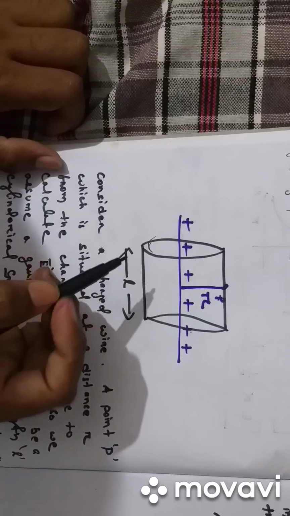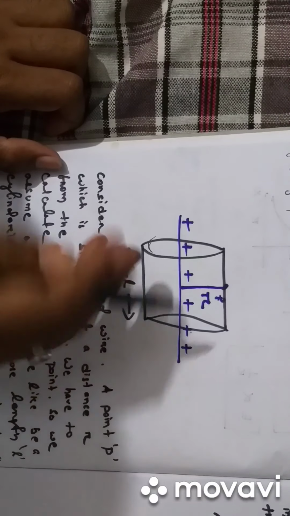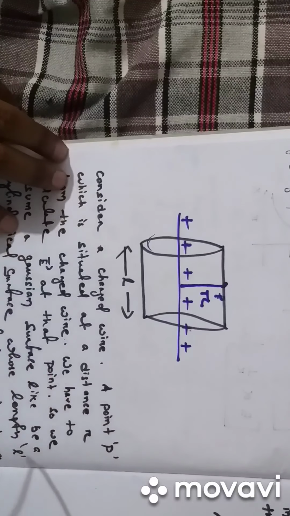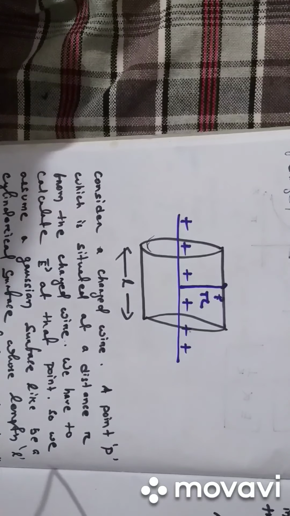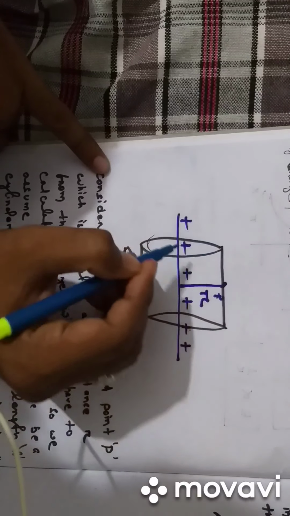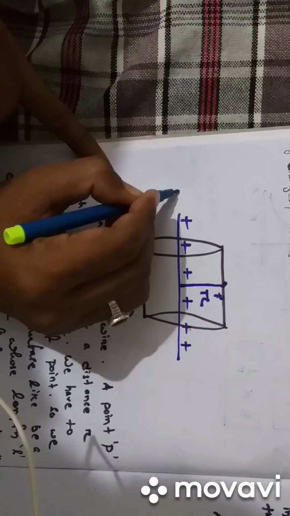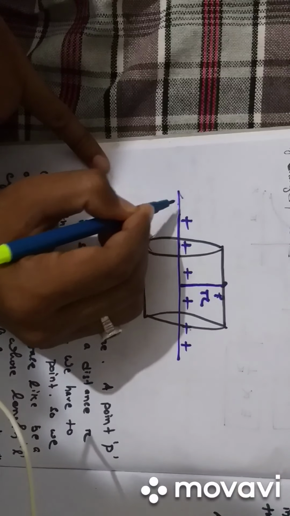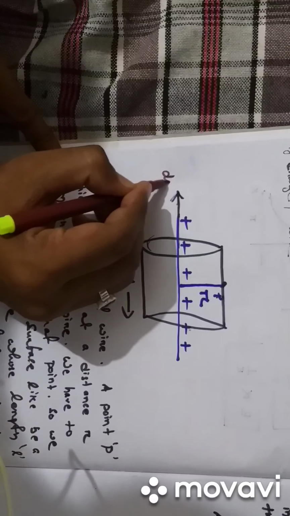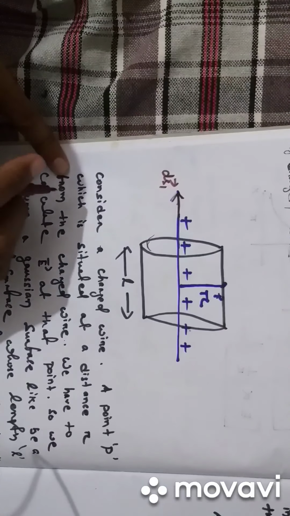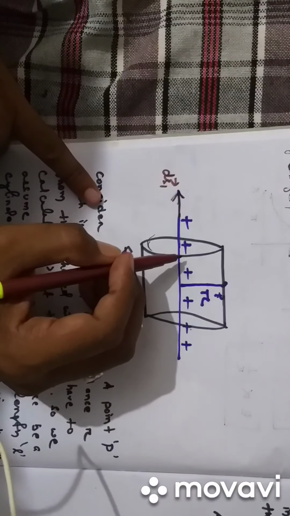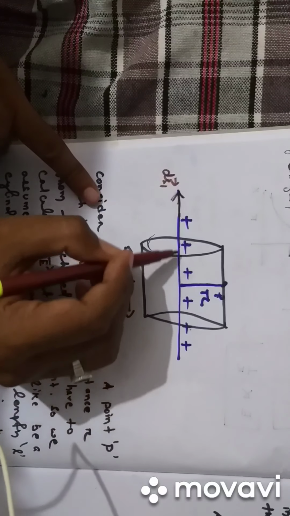So the electric field intensity due to the three surface areas: for the first surface, the area vector is perpendicular to that area, which can be represented as ds1 vector, and the electric field intensity is radially outward due to the line charge.